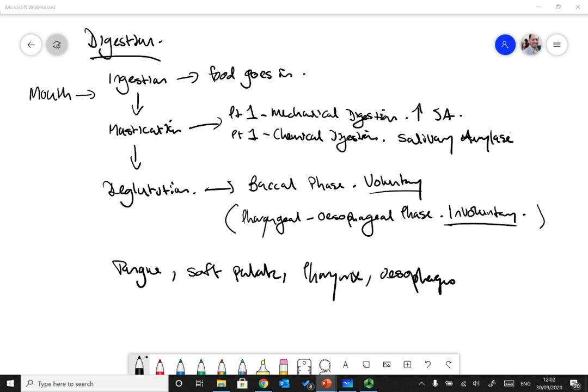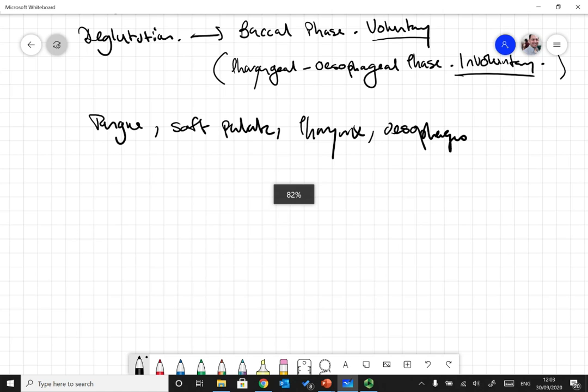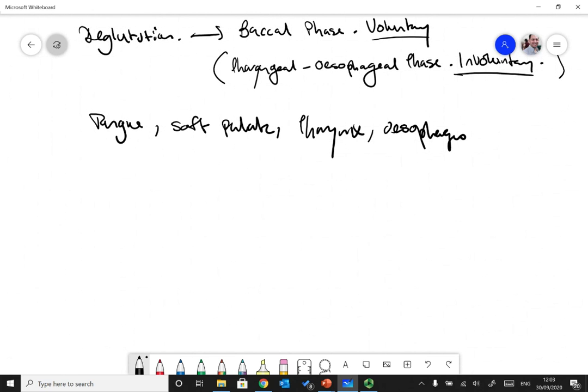So, in the buccal phase, you've chewed up food, you've mixed it with saliva, and then what you do is you take a bolus of food and you force it with the tongue into the pharynx. Okay, so let's see if I can get this picture to do what I want it to do.